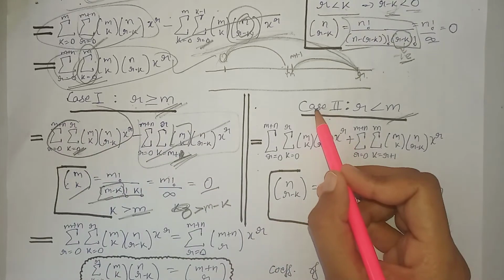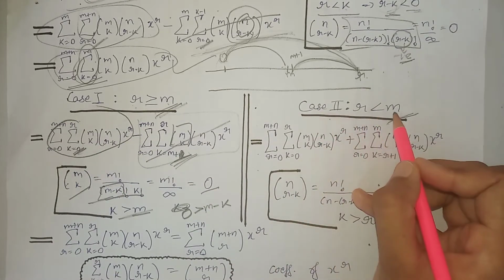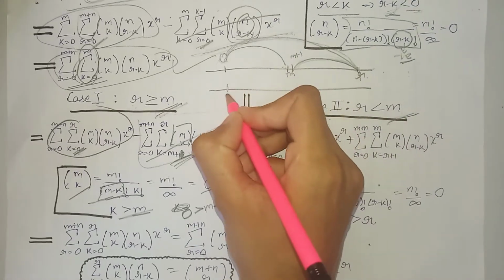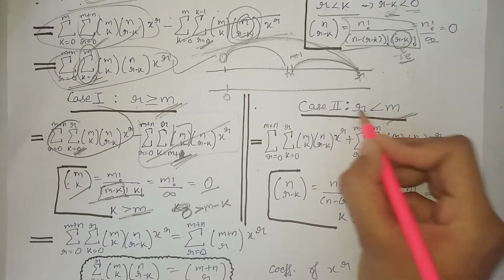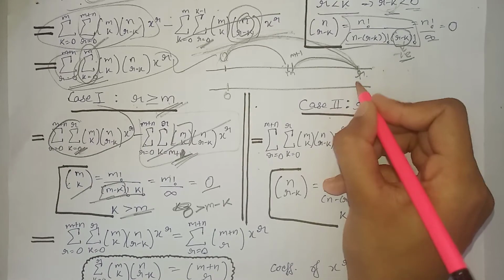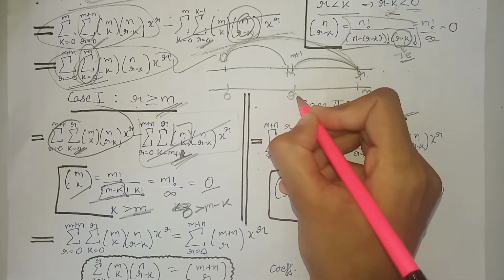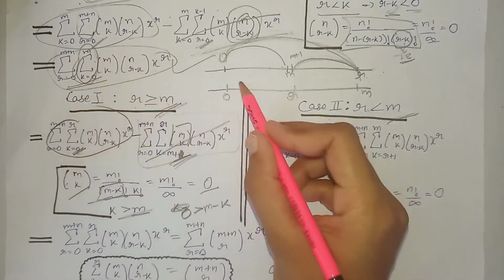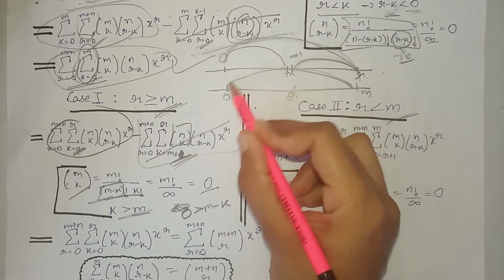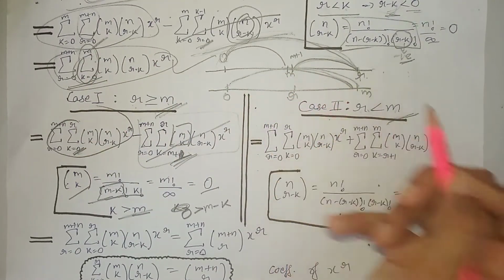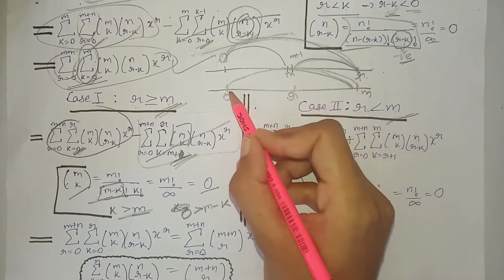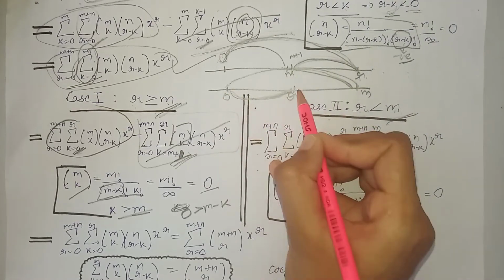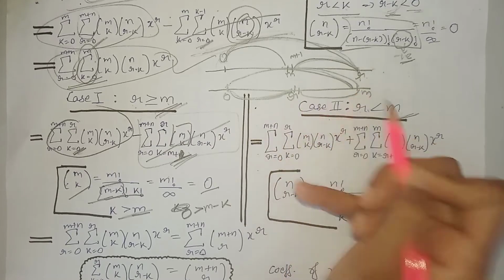Now we will take the second case, that is r is less than m. Suppose on the number line here we have 0. Since r is less than m, that means we have m here and r here. Now we are using the interval from 0 to m. We can write this interval, from 0 to m, as equal to from 0 to r plus from this point to this point.